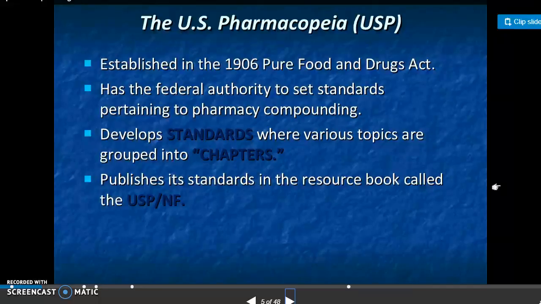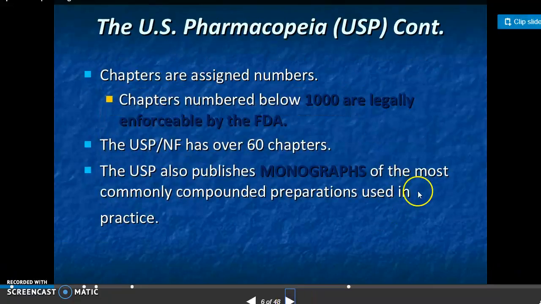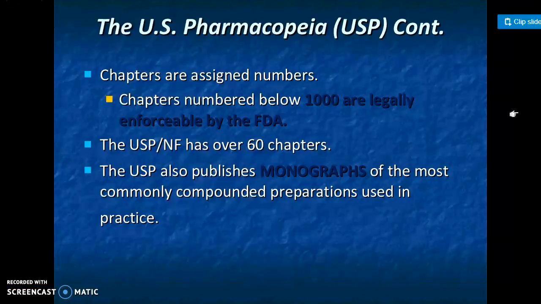USP standing for United States Pharmacopoeia, right? Formulary book and standards. Okay, so there are 60 chapters. Those particular chapters cover the different types of formulations that are necessary to make a drug, whether sterile, non-sterile, etc.